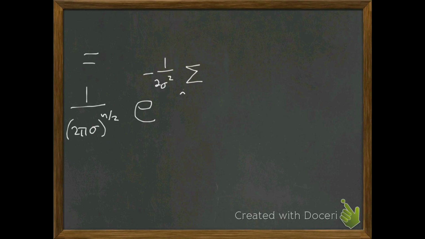And since we're multiplying, we add our exponents, of the sum of quantity squared. So guys, that's the monster, the beast that we're going to look at for maximum likelihood estimation.